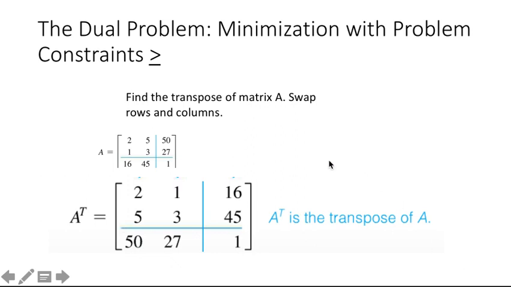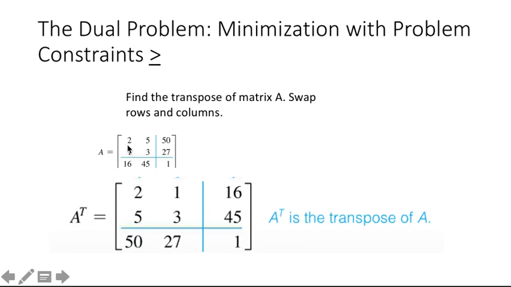Now we're going to find the transpose of that coefficient matrix. Finding the transpose simply means swapping the rows and the columns. If you remember from the previous screen, our matrix A was this matrix.